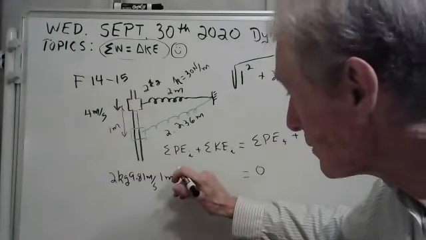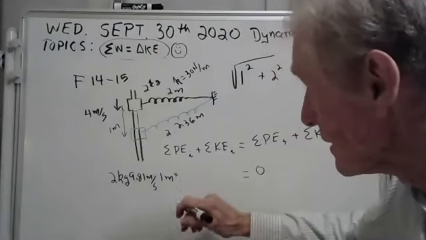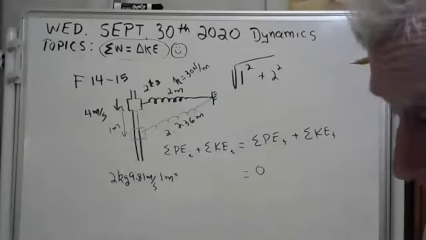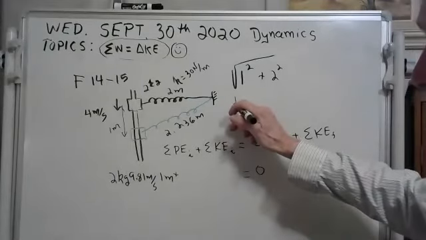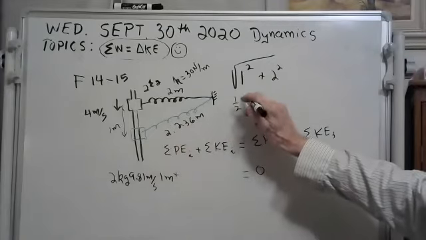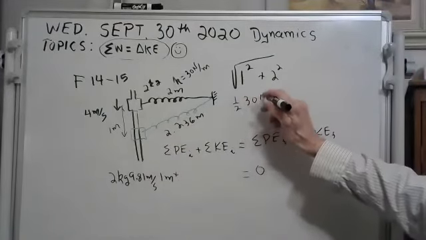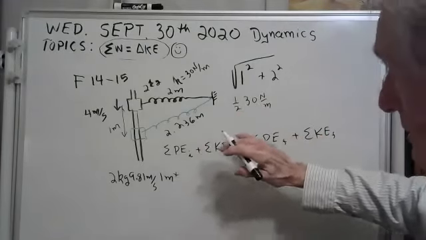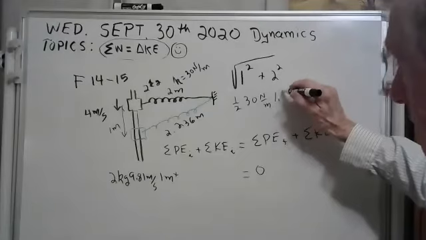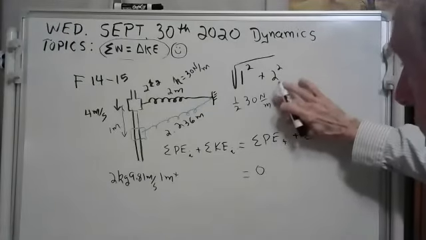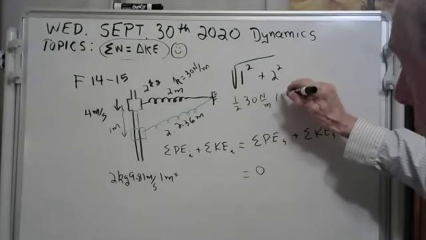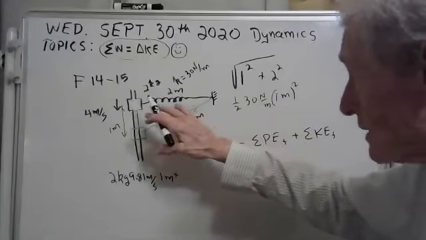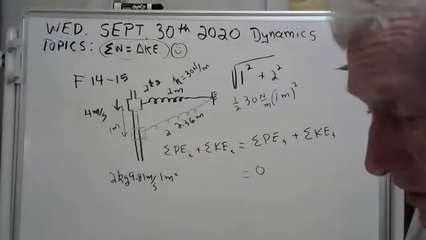Okay, but there's another kind of potential energy, and that's the elastic potential energy. And that's equal to 1/2 K, which is 30, times the distance squared. But now the distance squared is, no, it's just 1 meter squared. Because they said that this spring is unstretched at 1 meter.